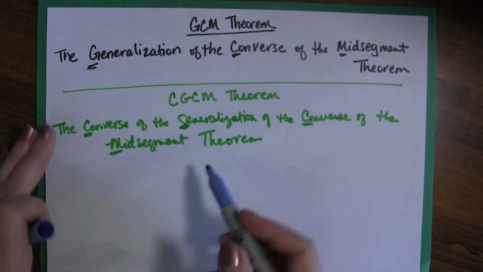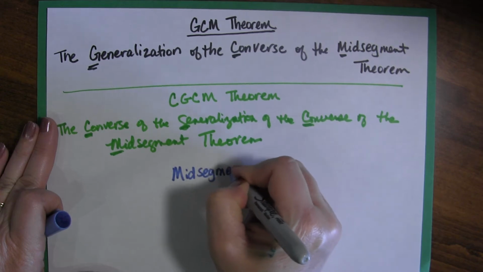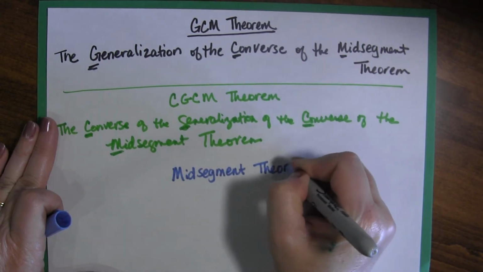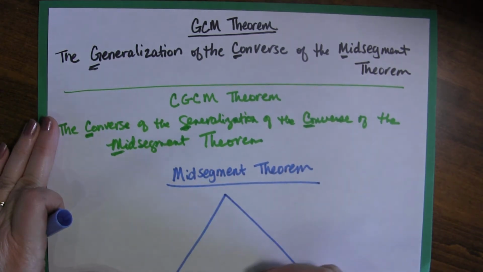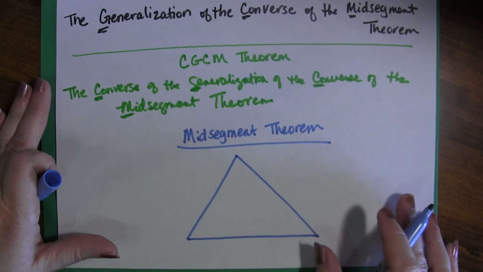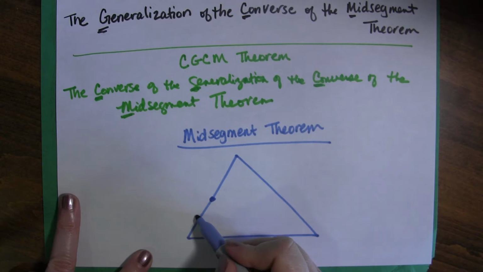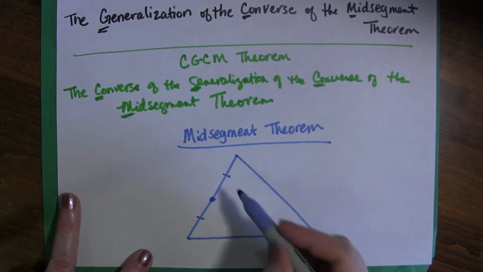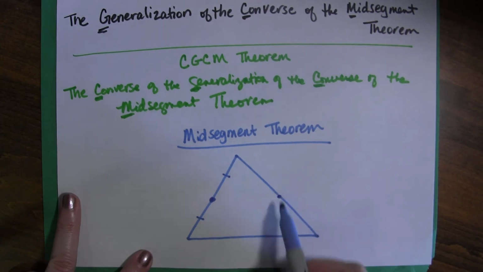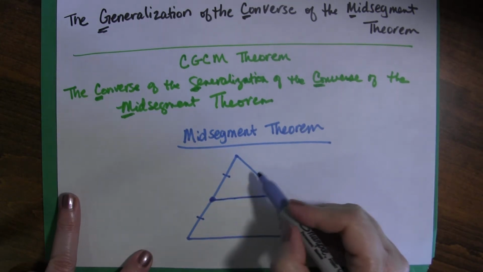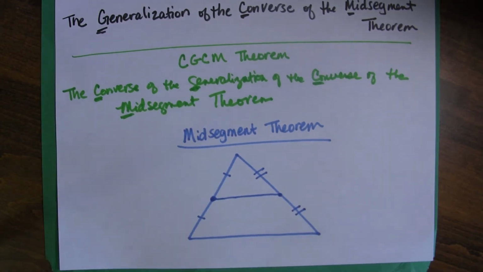But since we're talking about the mid-segment theorem, I think that we should just review what that says for just a minute. You already have this in your notes somewhere, and it said this. If you have a nice, beautiful little triangle, and you take the midpoint of this side, that means those two segments are congruent to each other, and you draw a line to the midpoint of the other side, so that this is congruent to that, then we automatically know two things.